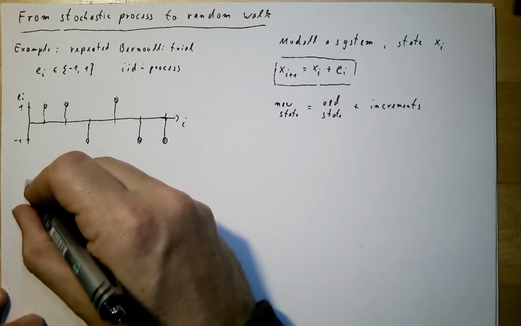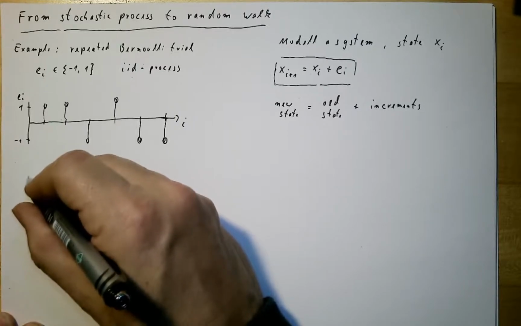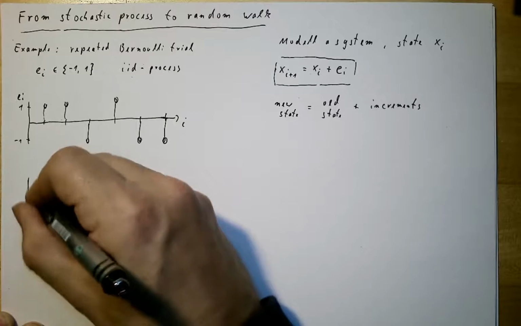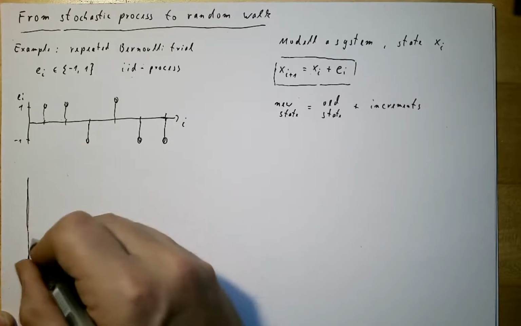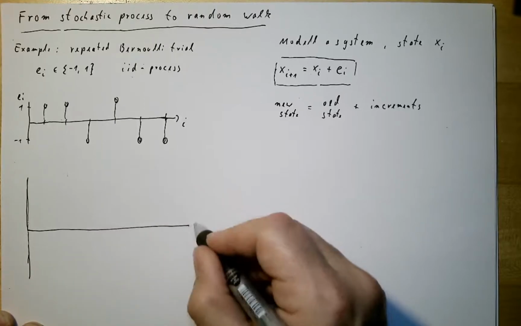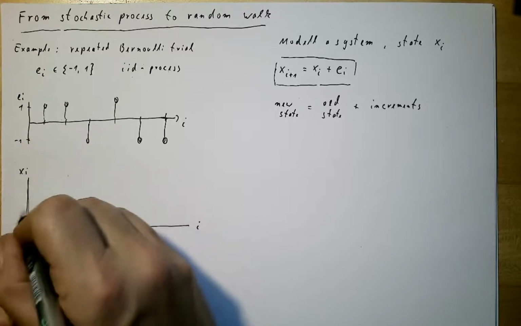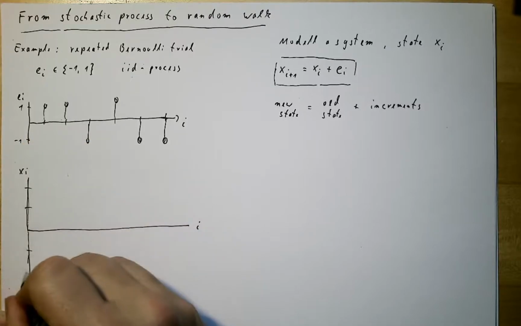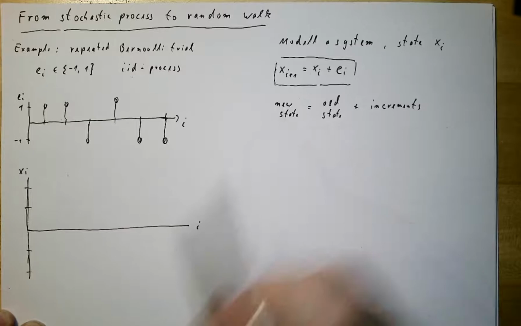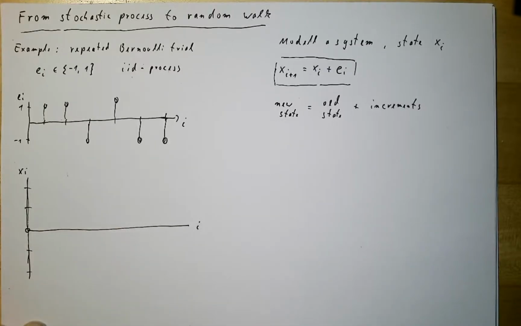So let's make a plot of x. This can be positive, negative. We have again our time axis. We have here the position x_i. And let's say we need an initial value. We start with x at position 0, which is arbitrary.